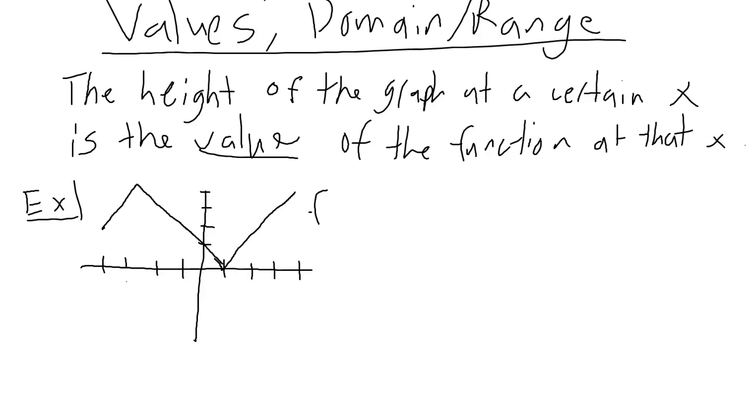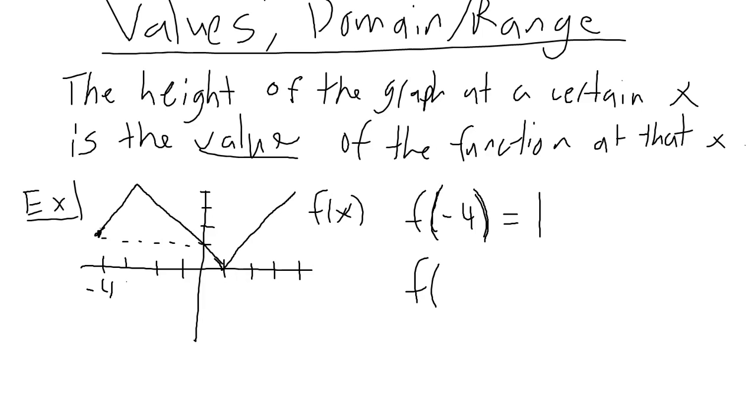So this is the graph of f, and when we're talking about values, what we mean to say is that the value of f at -4, which we write as f of -4, is 1, because when we look at that x value, -4, we are trying to see what is the height of this graph? I know this graph's not drawn perfectly, but it's supposed to be at 1. So f of -4 is 1.